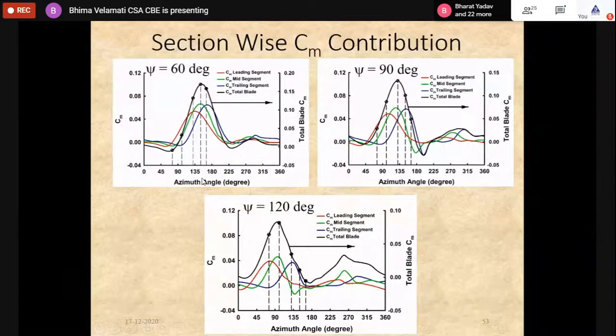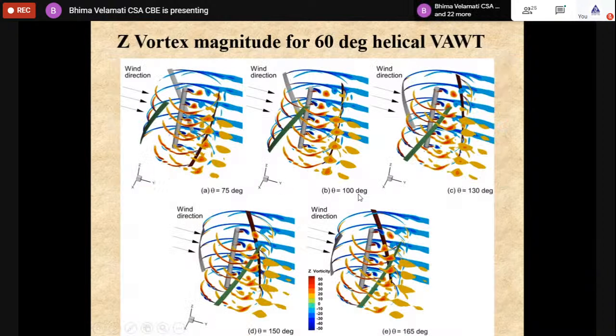And then we looked at what is happening with respect to individual contributions. To understand the flow field, we have plotted the vorticity magnitude at different sections and try to see how the vortex blade interaction is occurring.